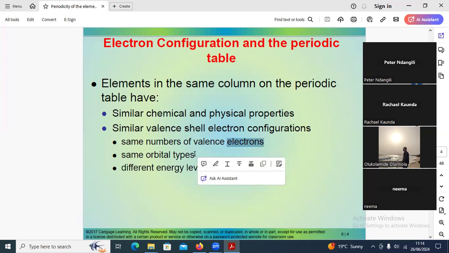Entering the same orbital type means that they are entering the s orbital, and that the orbitals will have energy levels that are different. A 1s orbital, a 2s orbital, a 3s orbital are orbitals of different energies, as we explained in our previous lectures.